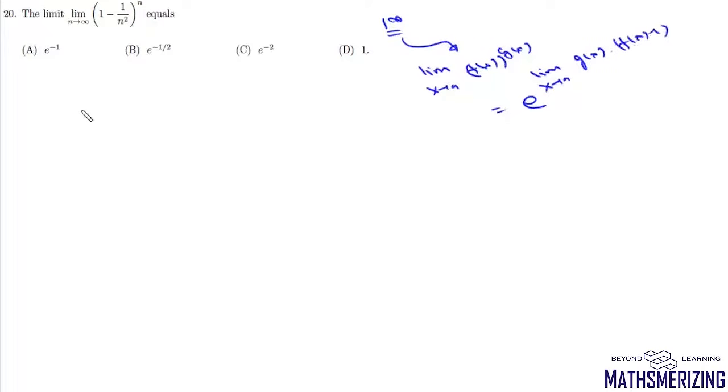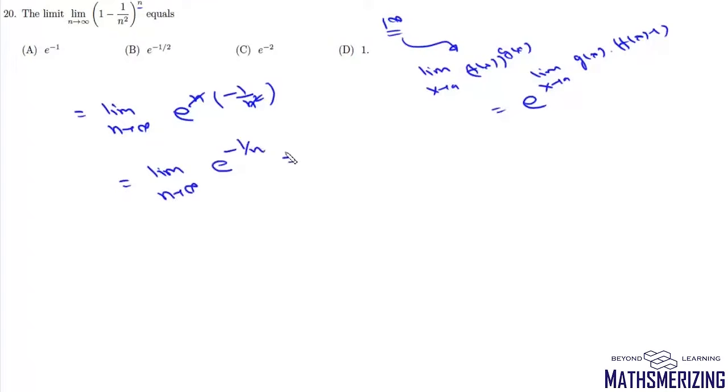So we'll use the same shortcut here. It'll be limit n tends to infinity e to the power, g(x) is n, and then f(x) minus 1. So 1 minus 1 upon n^2 minus 1 will be simply minus 1 upon n^2. So here n and n will cancel. So we'll get limit n tends to infinity e to the power minus 1 by n. Now this is e^0, and e^0 is 1.